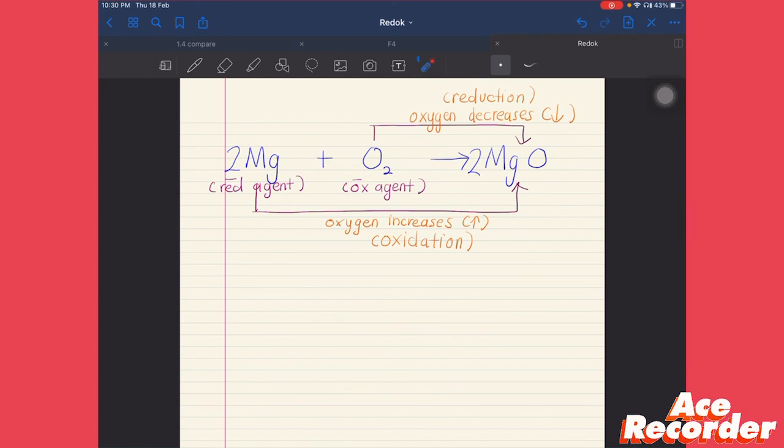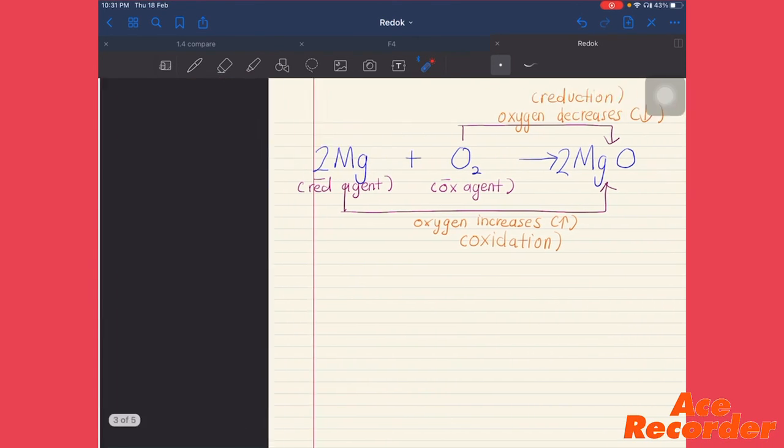Second one, oxygen gas will be reduced to magnesium oxide because of the decrease of the oxygen. Therefore, magnesium atom acts as the reducing agent. This reaction is called a redox reaction because it involves oxidation and reduction that happens at the same time.